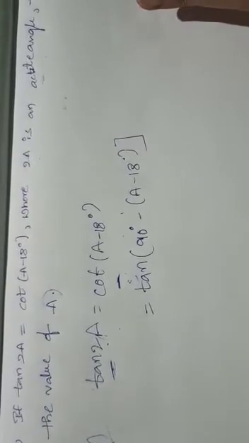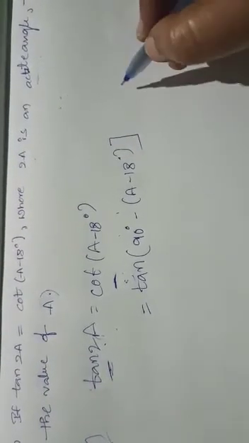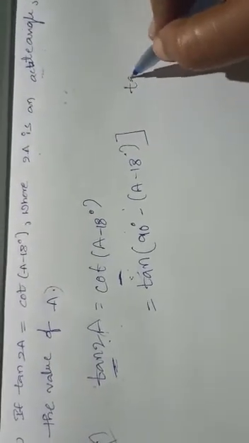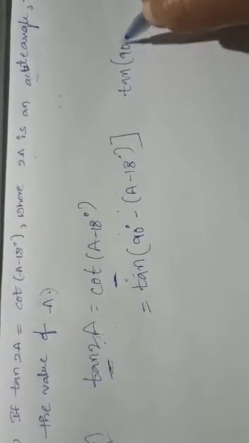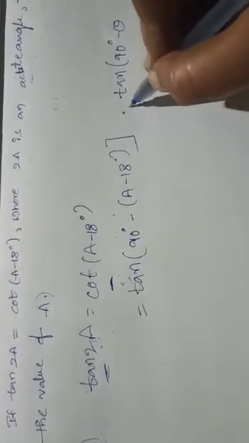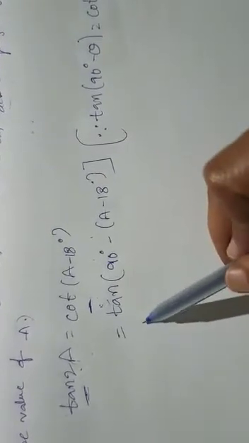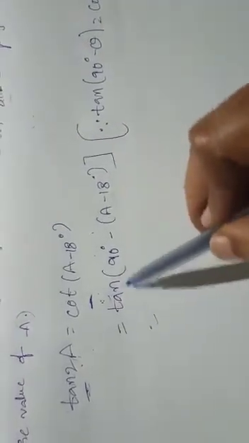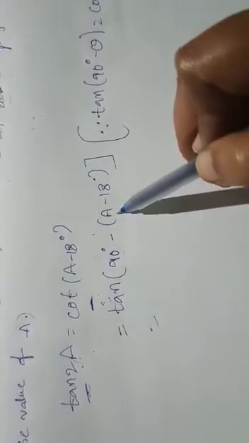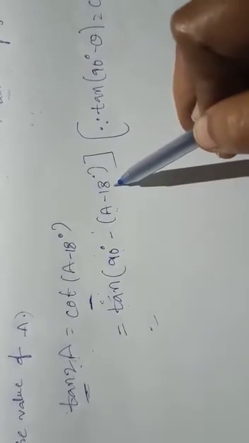We have already discussed trigonometric ratios of complementary angles. Tan(90 minus theta) equals cot theta. Here theta equals a minus 18 degrees.